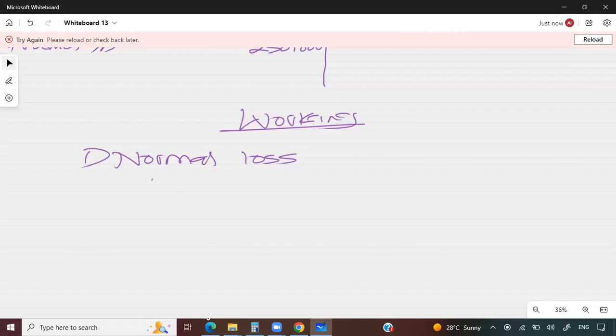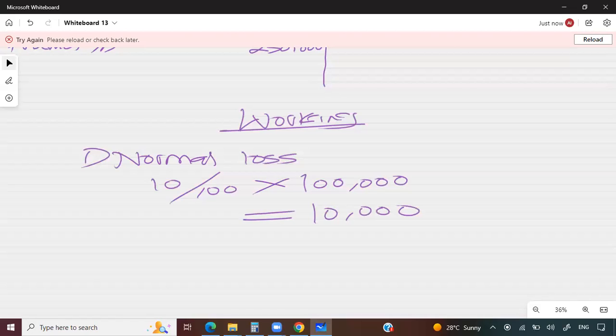So 10 divided by 100 multiplied by the 100,000 that we introduced. 10% of this is 10,000.